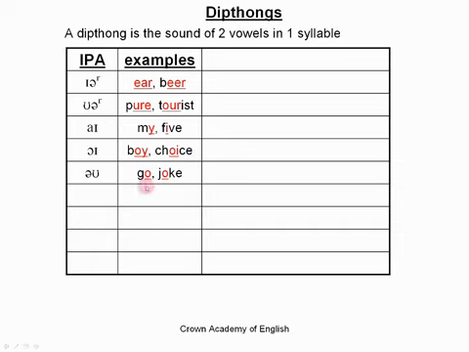O, go, joke. Air, there, chair. And in some dictionaries, it is this symbol. Ow, now, lounge.